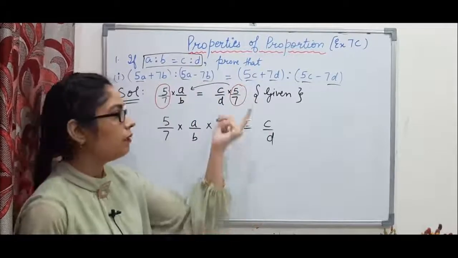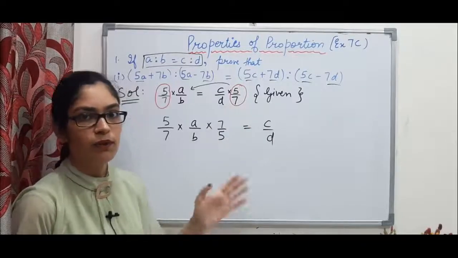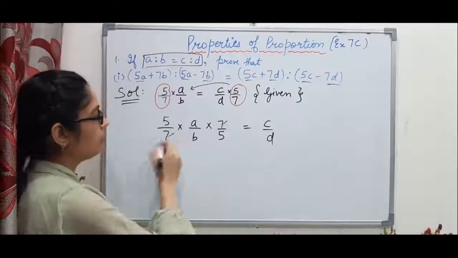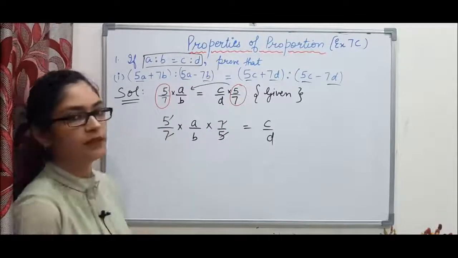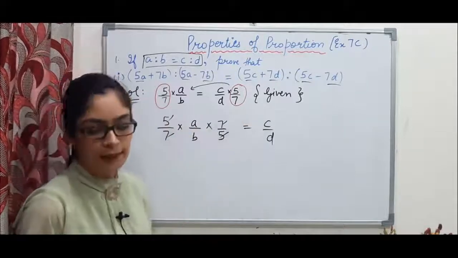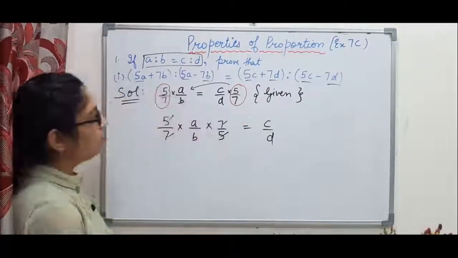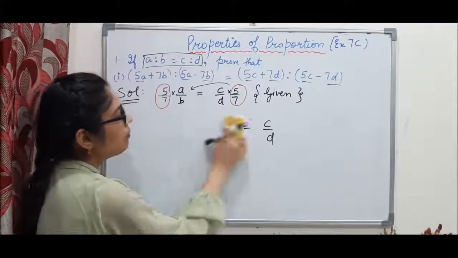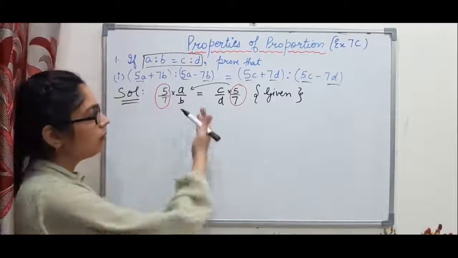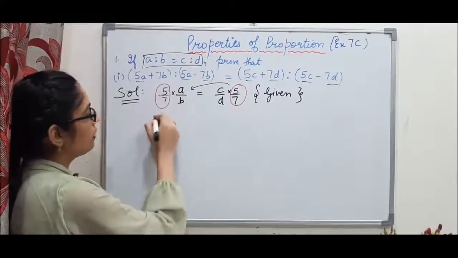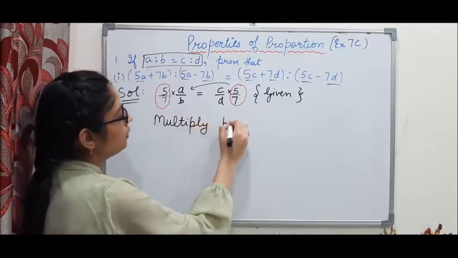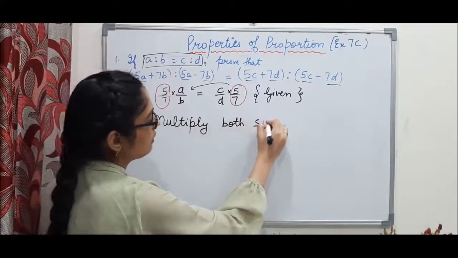This way you can remember for a fraction: if you want to shift to the other side, directly do the reciprocal. Now 7 will get cancelled and 5 will get cancelled, so we are left with a by b is equal to c by d. So multiplying both the sides by 5 by 7 does not make any difference to the original given thing. That is why we can now write: multiply both sides by 5 by 7.